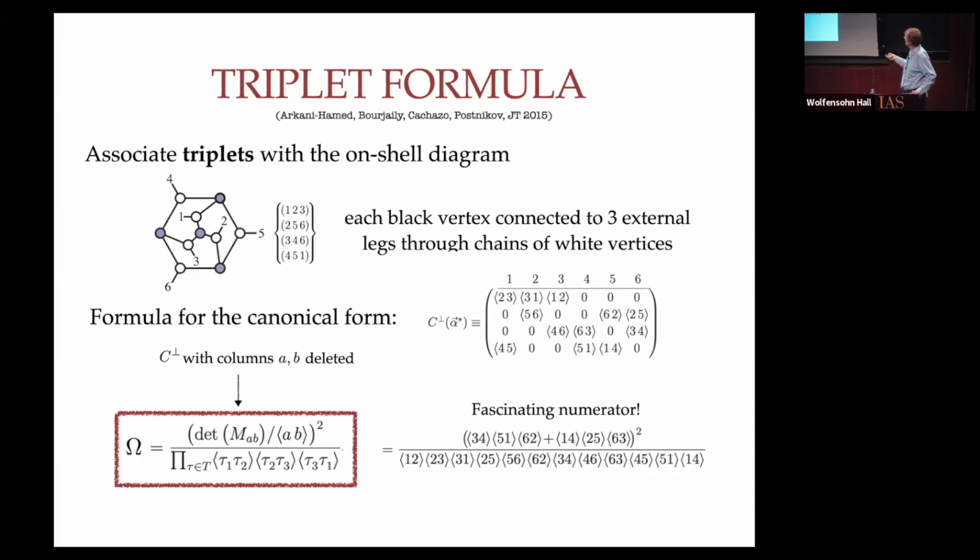And once you evaluate this form, so this is a form on this top cell in G2N, you get a lot of poles, many more than 6, which was for the positroid, and you get some interesting numerator, a square. So there is some polynomial squared in the numerator. So this is the dlog form on this non-planar G26 on-shell diagram.